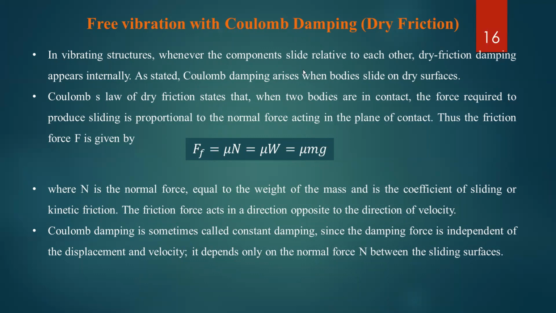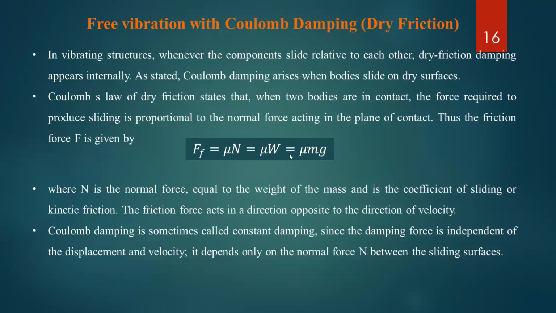So Coulomb's law of dry friction works here. The force of friction is equal to mu times N, where N is normal to the surface. In the vertical direction the normal is equal to the weight, so it is mu times W, or mu times mg.